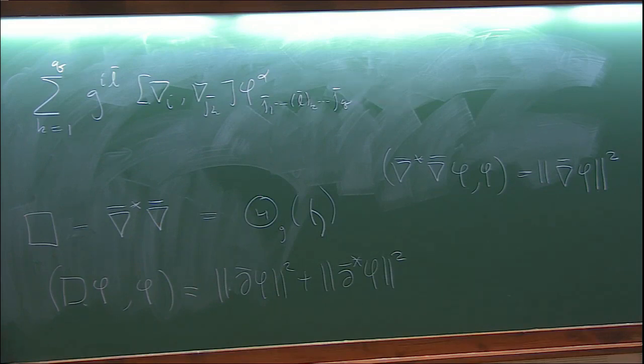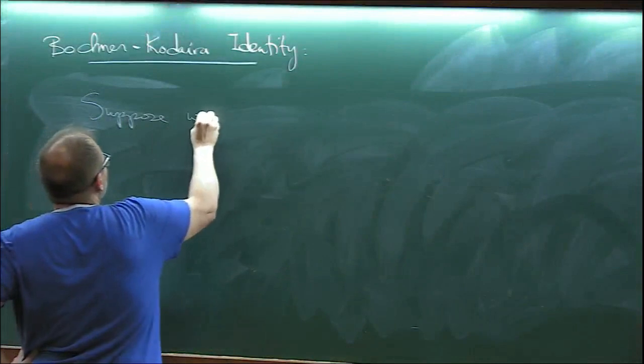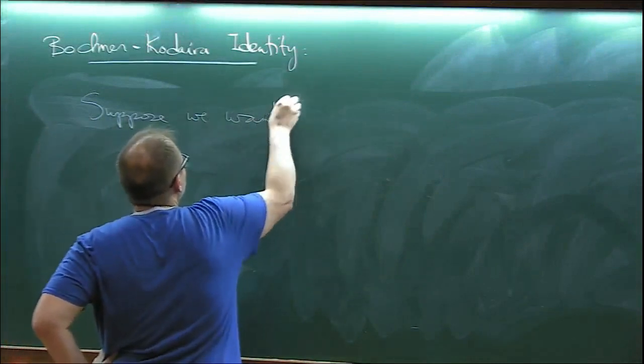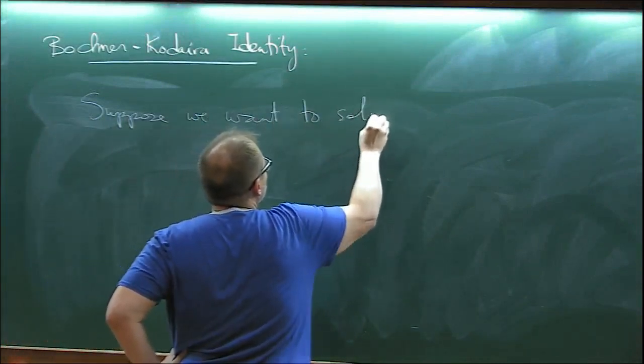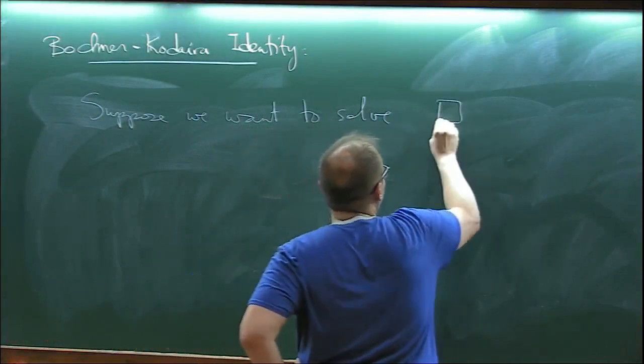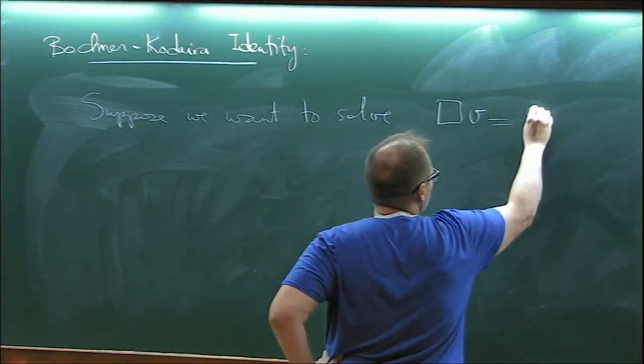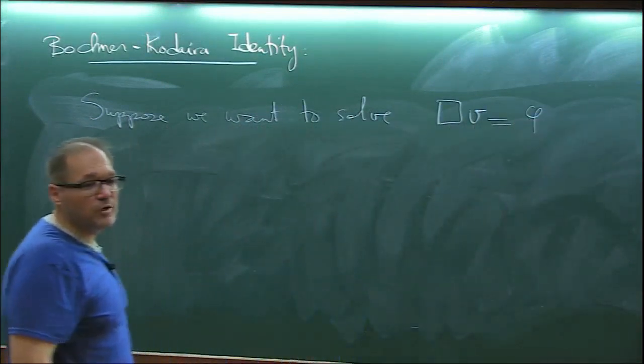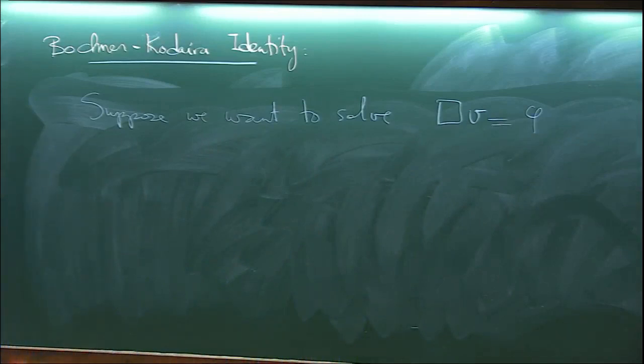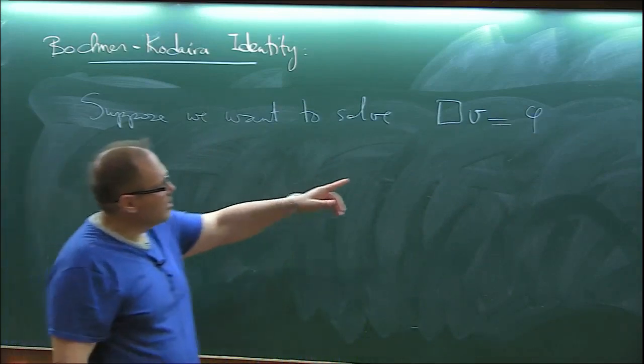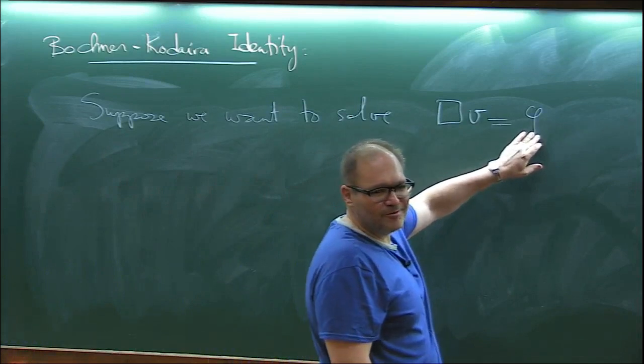Suppose we want to solve the equation box V equals phi for some phi. So V is the unknown and phi is given.